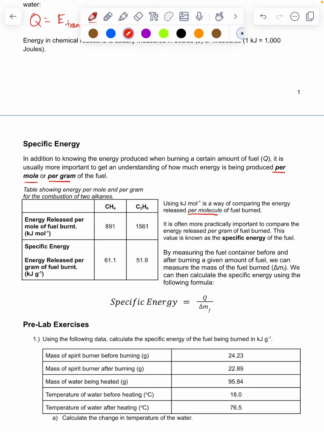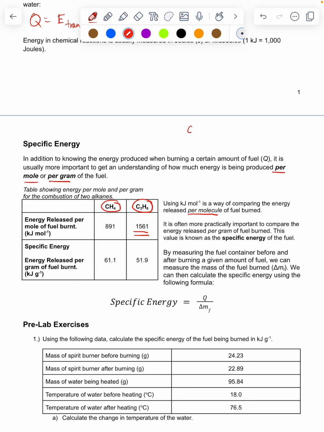So if we compare the values in this table, I've got methane's literature values and ethane's literature values. We can see that ethane releases more energy per mole, and that's because ethane has more chemical bonds in it that will be broken, and it will also lead to more carbon dioxide being formed and more water being formed.